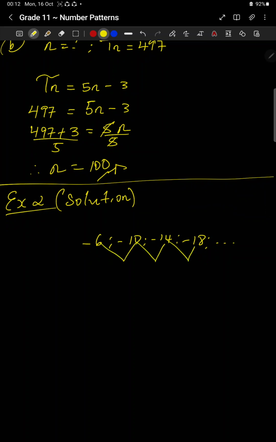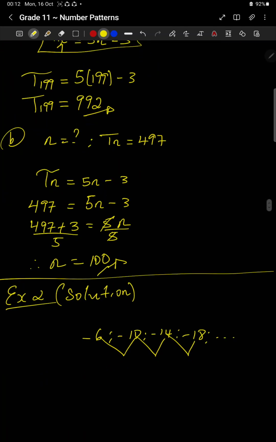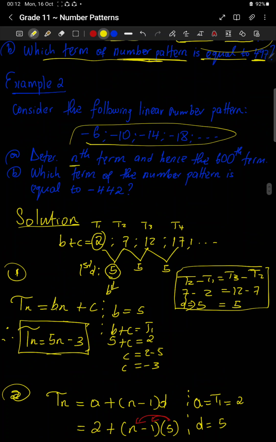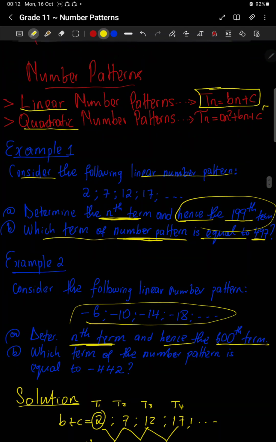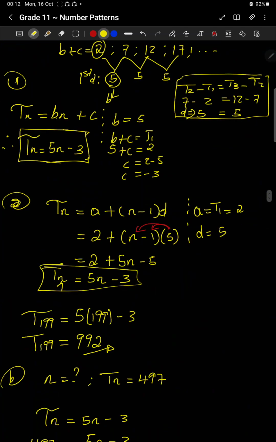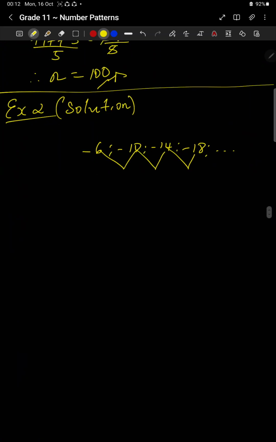We find the common or the constant difference. The first question says we must determine the nth term and hence the 600th term. So we're still looking at this formula. The first step here is to get the constant difference. Like I said, it is wise to use this formula that says T2 minus T1 is equal to T3 minus T2.